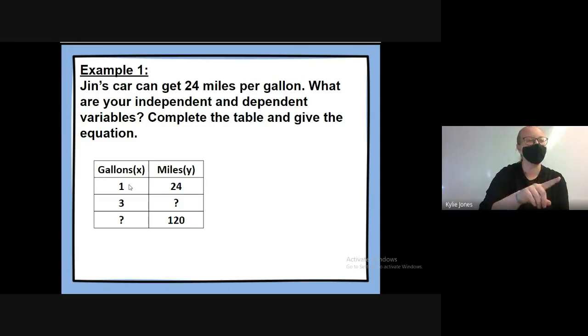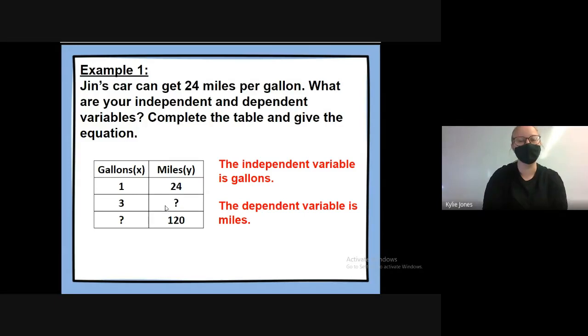So if you have 1 gallon, you can drive 24 miles. What about if you have 3 gallons? We've got to figure it out. 72 miles. How did you do that? Math. Yes, but how? You multiplied. You took the number of gallons multiplied by 24.